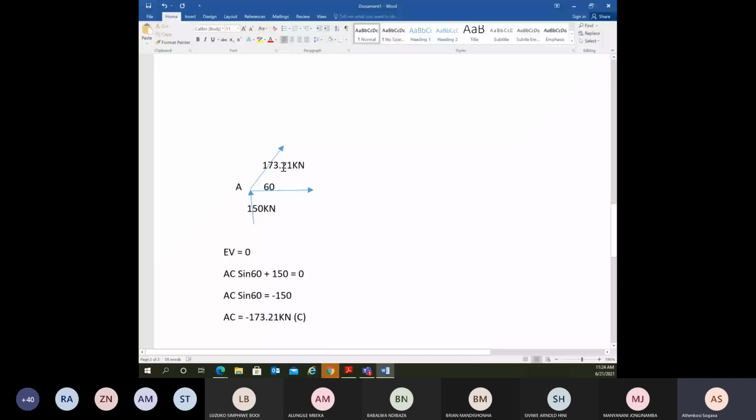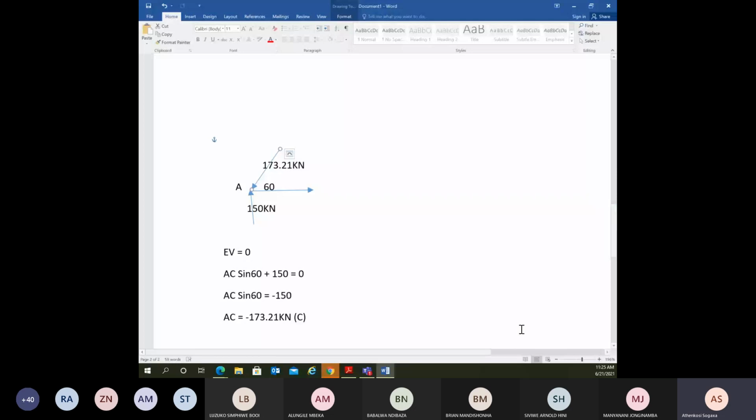Now you see it is where you then change. We've calculated AC, and we determined that it is in compression.